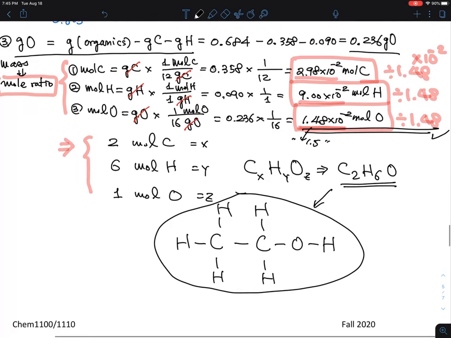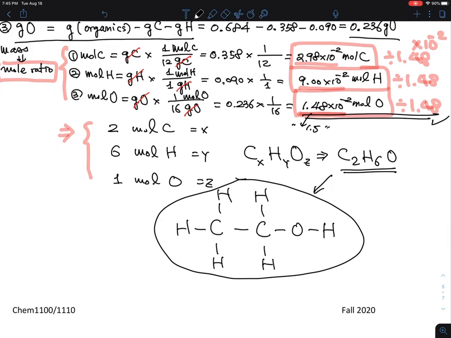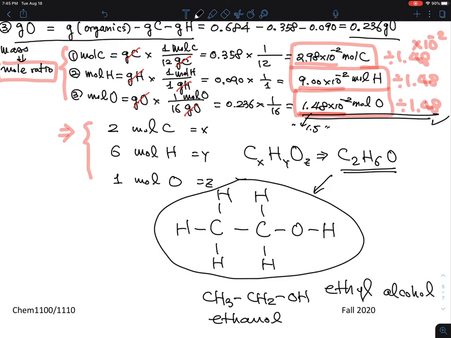This is an empirical formula. This is a molecular structure: CH3CH2OH. We call it ethanol, ethyl alcohol, and that's the compound we can find from here.